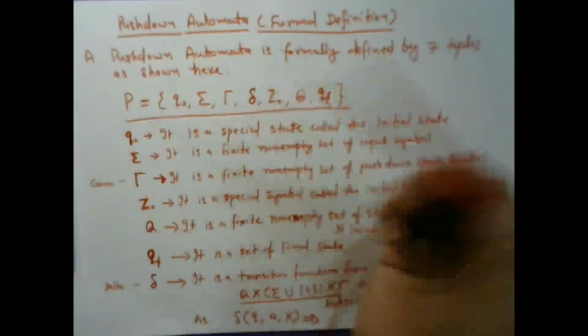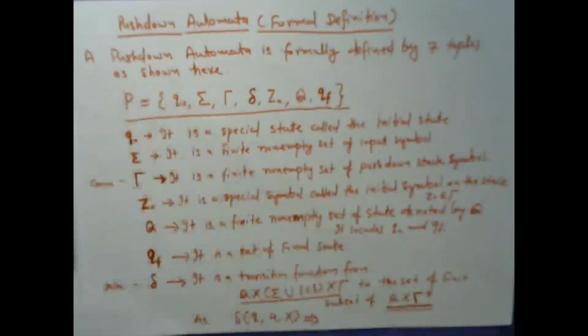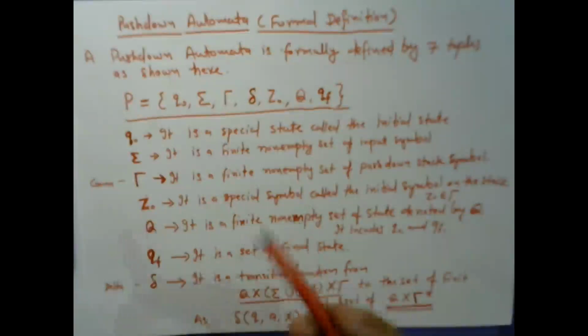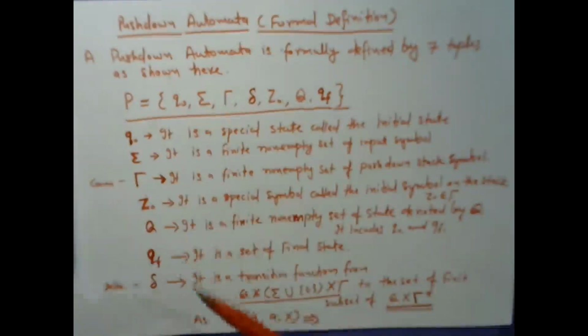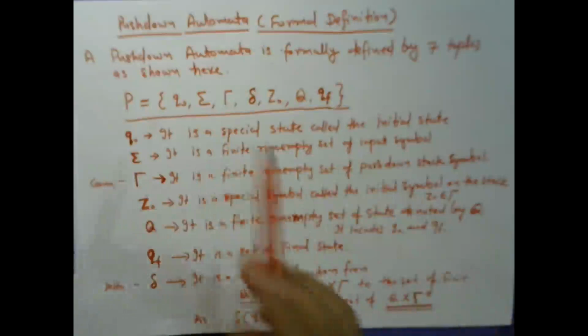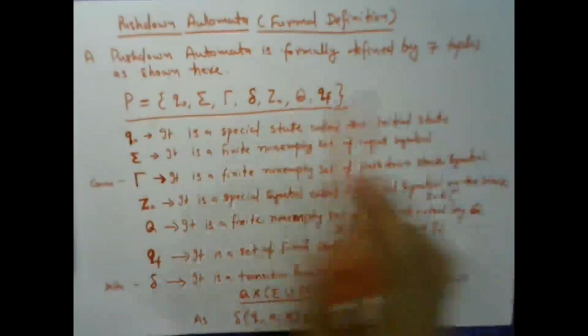Pushdown automata, the definition of pushdown automata. We have already seen that in the finite automata there is a collection of 5 tuples. But in the pushdown automata, there is a collection of 7 tuples.